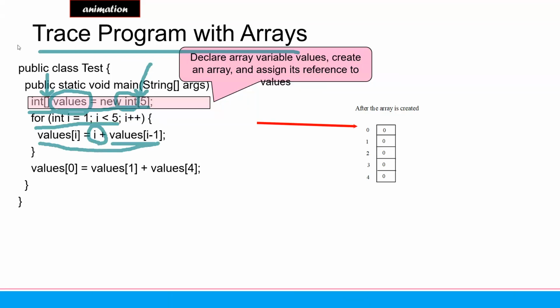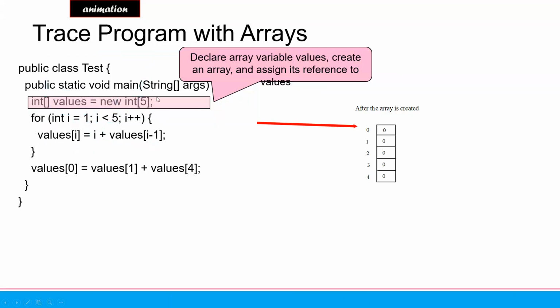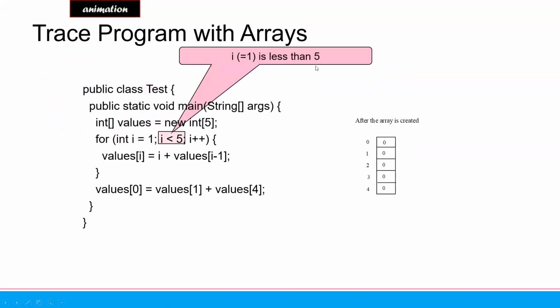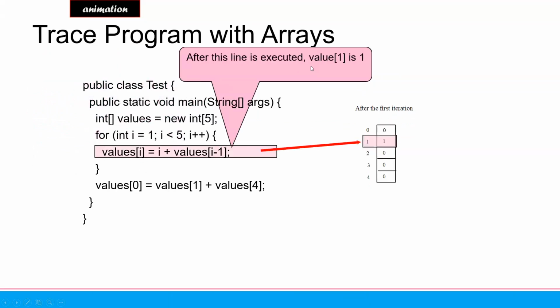Okay, so what does it mean? Let's see. First, I declare. Now, i becomes 1. i is less than 5? Yes. Then I will do the summation. i is 1.